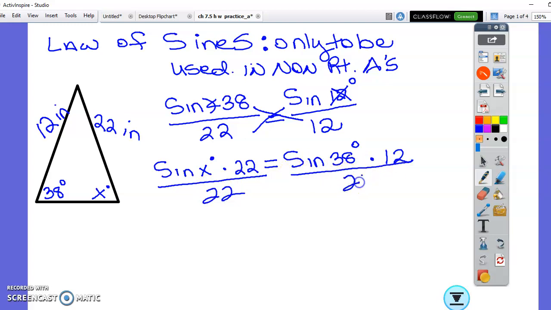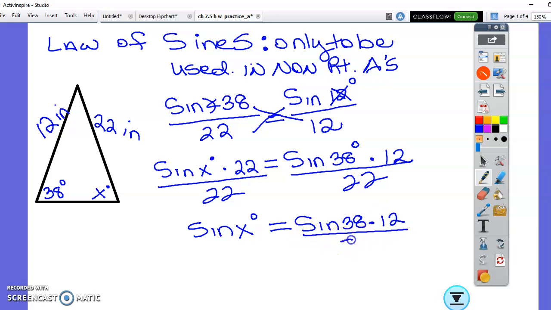And what we do to one side, we must also do to the other. So we're left with sine of an x degree angle equals sine of a 38 degree angle times 12 divided by 22.